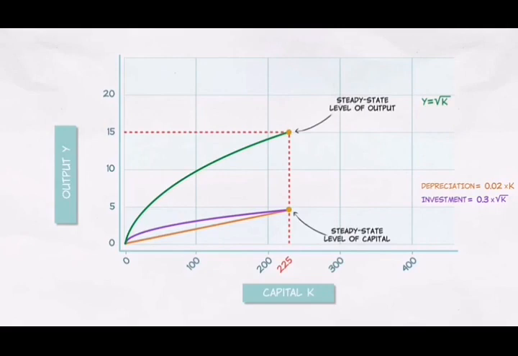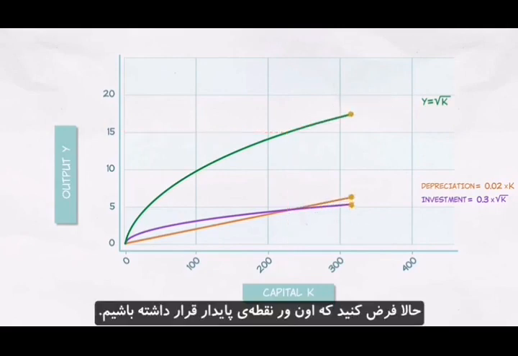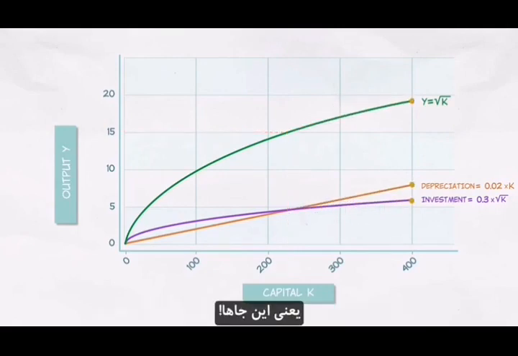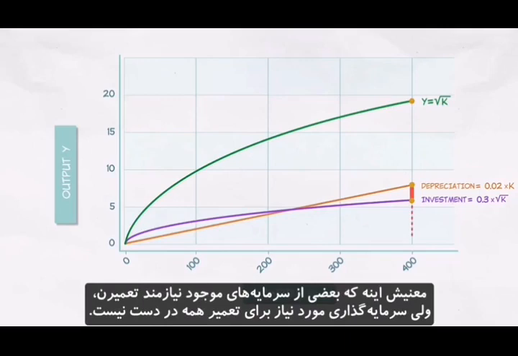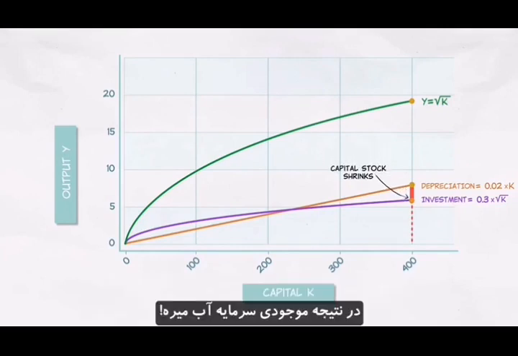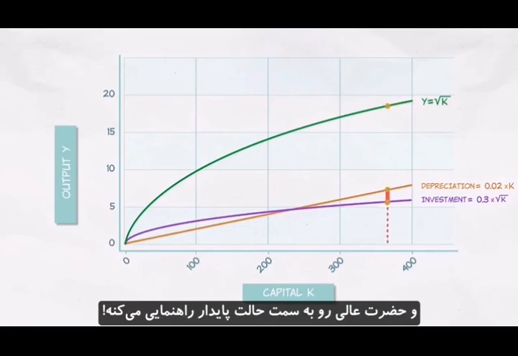Now suppose you ended up on the other side of the steady state point, over here. You'd find that depreciation is greater than investment. That means some of the capital stock needs repair, but there isn't enough investment to do all of the needed repairs. So the capital stock shrinks, pushing you back towards the steady state.